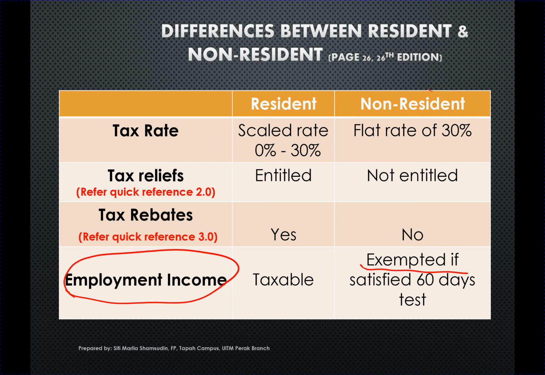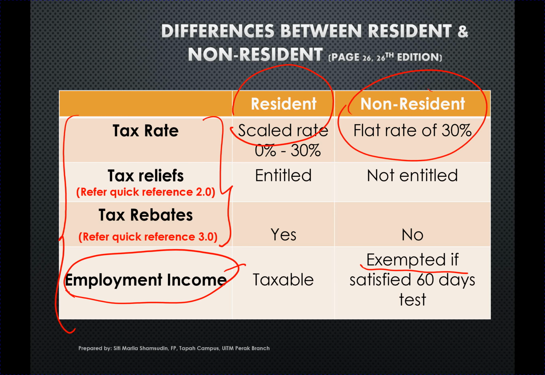But basically, if someone were to ask you question or exam sendiri during your test, nanti dia tanya what are the differences between the resident and non-resident. These are the 4 characteristics that make it difference between resident dan non-resident. Tapi yang the first 3 ni advantage untuk resident, the last one is actually an advantage to the non-resident.